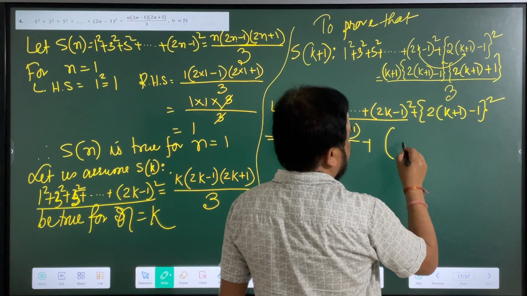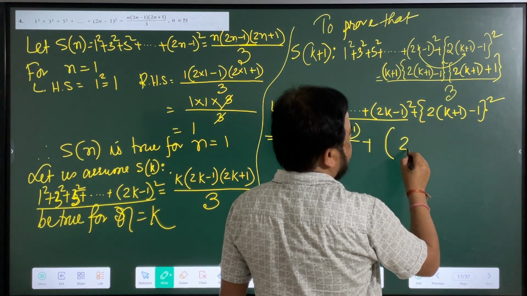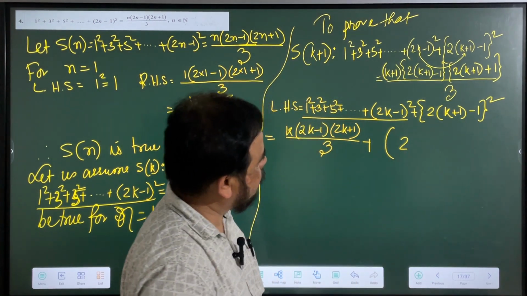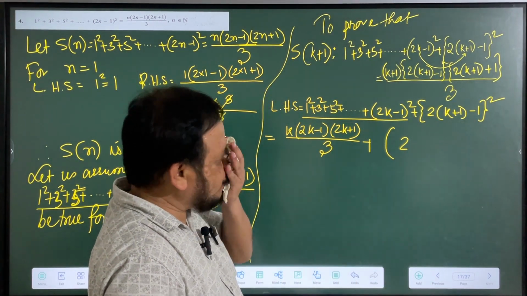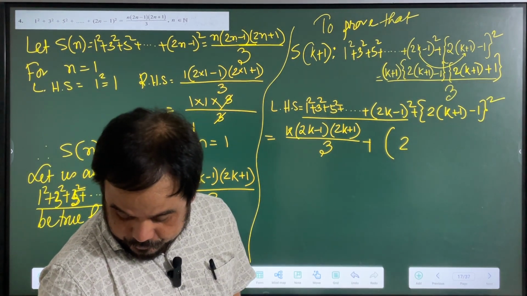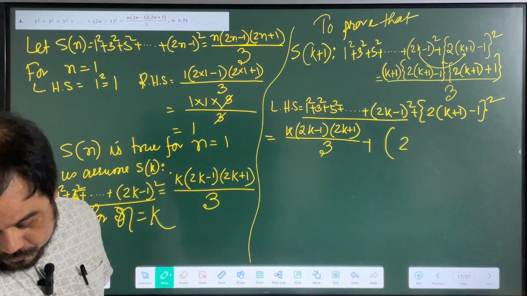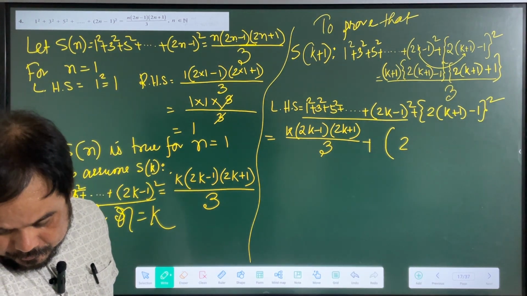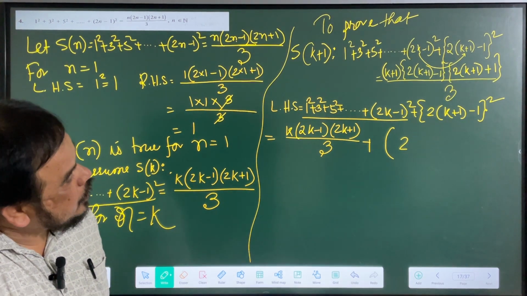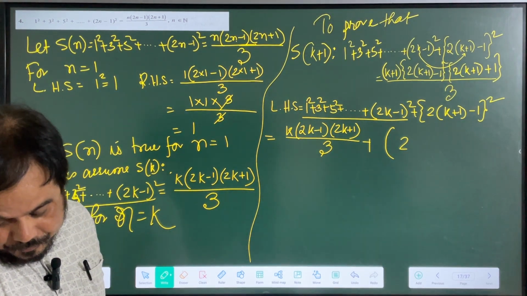Plus this one, we can write directly the square of 2k plus 1 whole square.